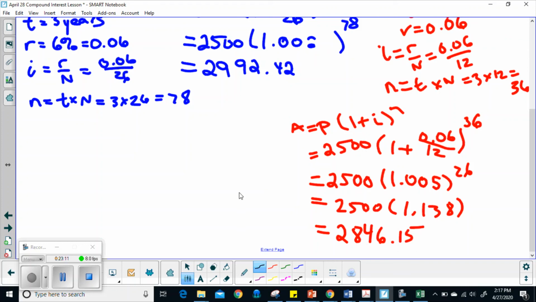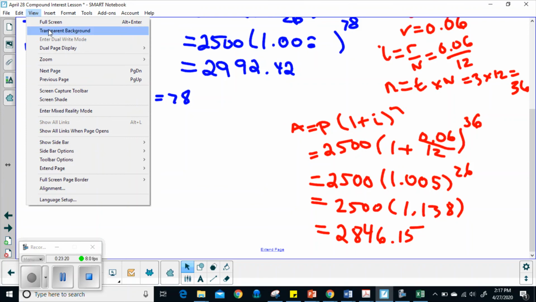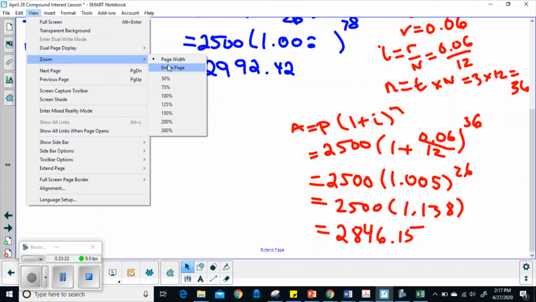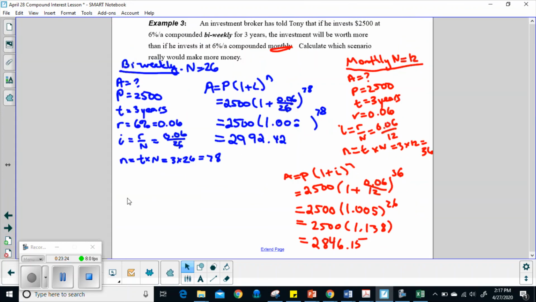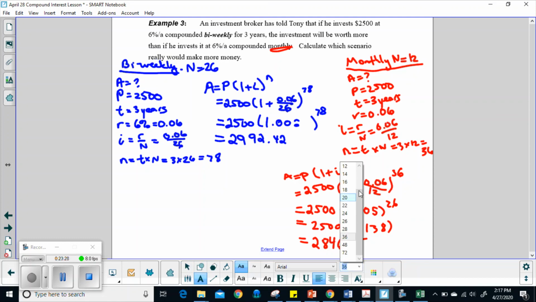$2,846.15. So you can definitely see in this case, monthly did not make you as much as bi-weekly. When you compounded more, we can see that you make more money. So that's pretty exciting. More money is made when you compound more frequently.